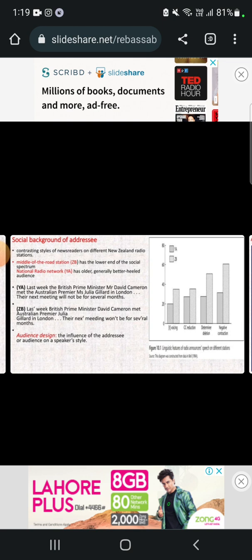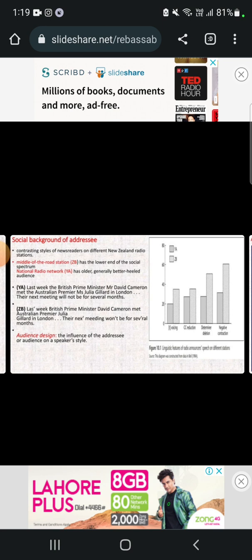Then the social background of the addressee also matters a lot. When you are speaking to somebody, you will alter your speech according to his social status. You will adjust the words, vocabulary and tone to their social level, so that you can make them feel more comfortable or more understanding.